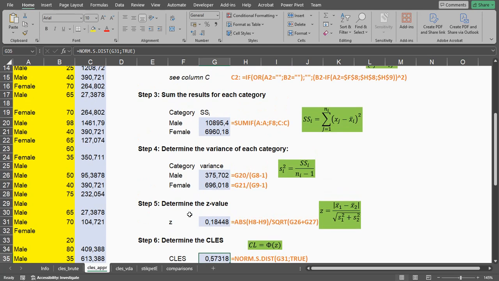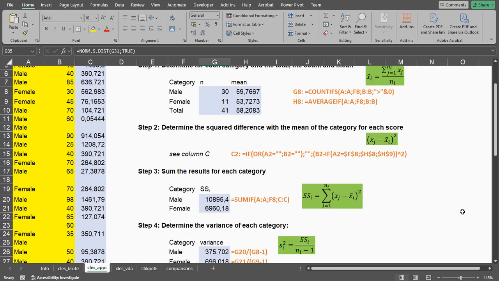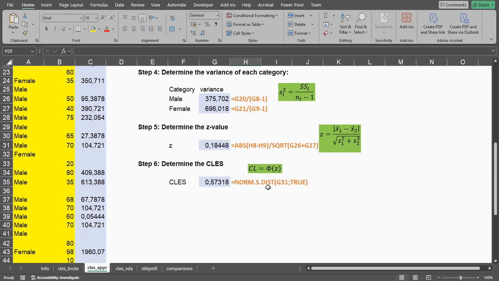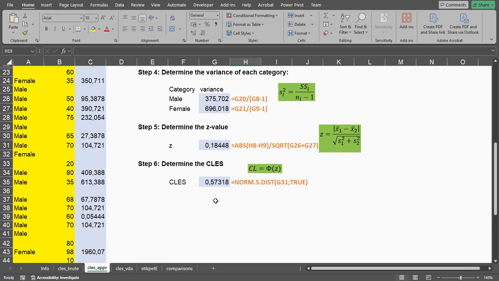In some cases they use a slightly different formula, which will also give a slightly different result. This version is from McGraw and Wong, but there is a different one from Wolf and Hogg, who calculate it slightly differently. I thought I had added it in here, but it's not there. It's not too complicated.